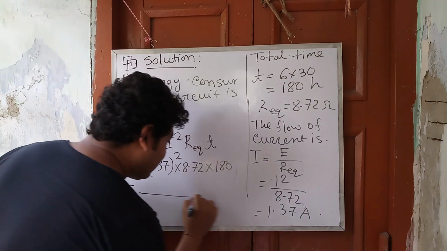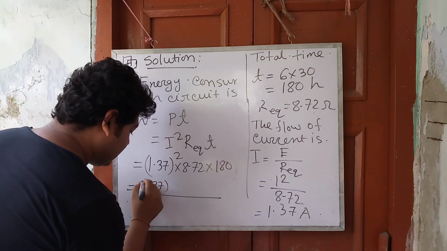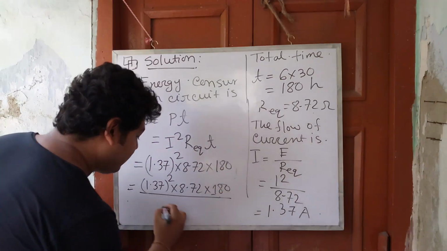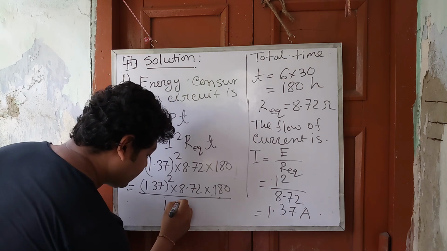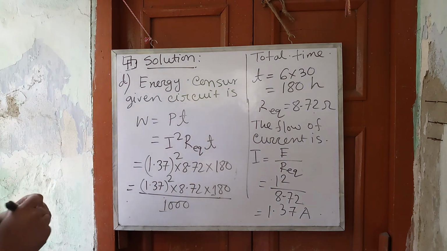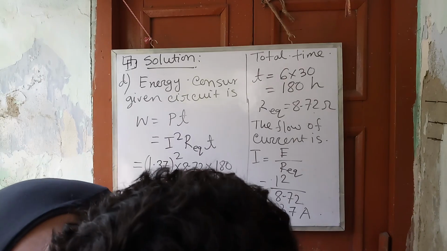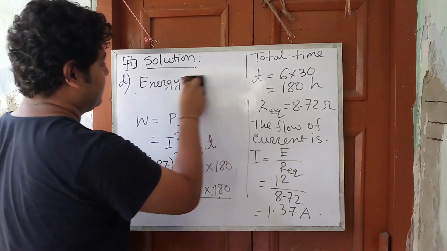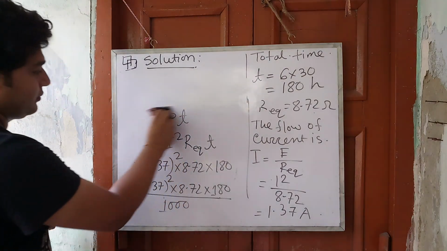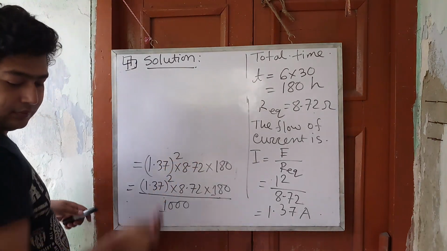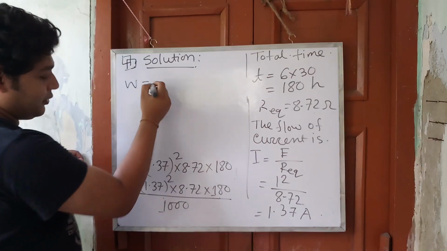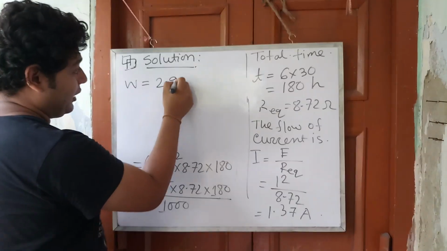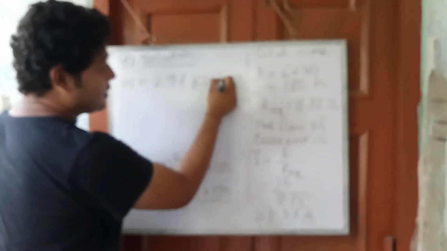So we need to divide it by 1000. Then by calculating we get W equal to 2.97 kilowatt hours.